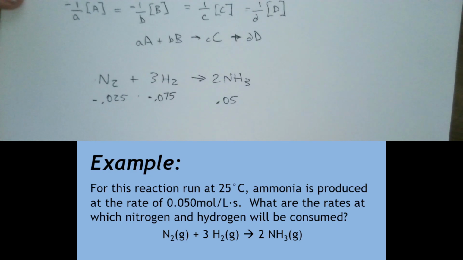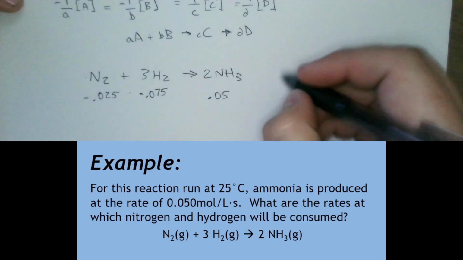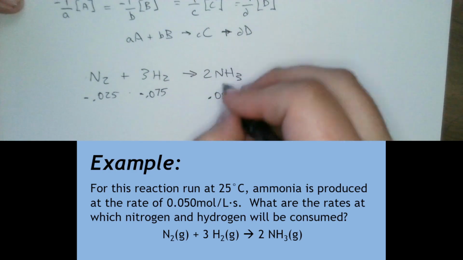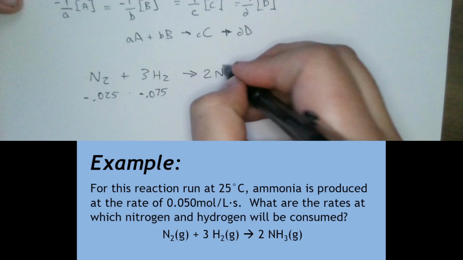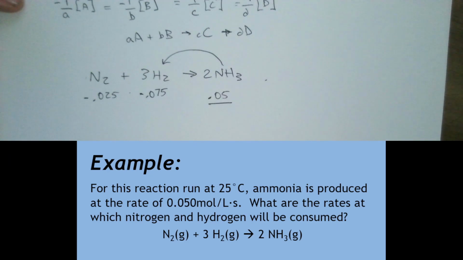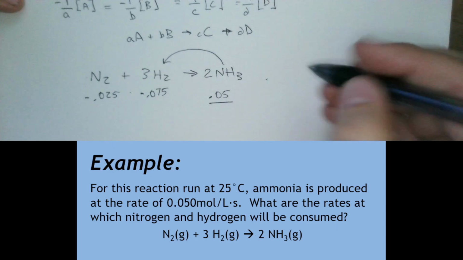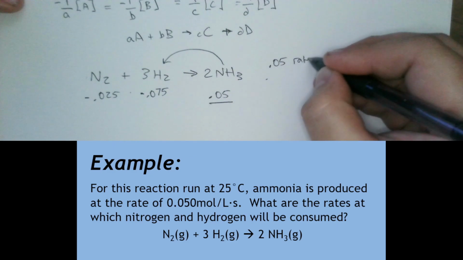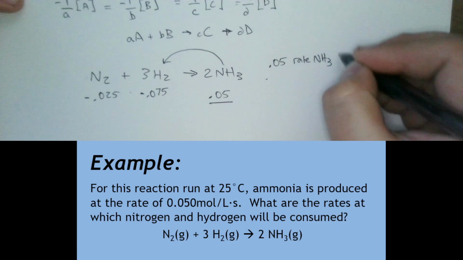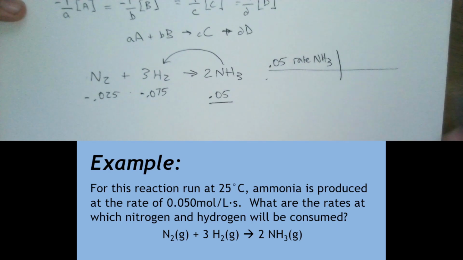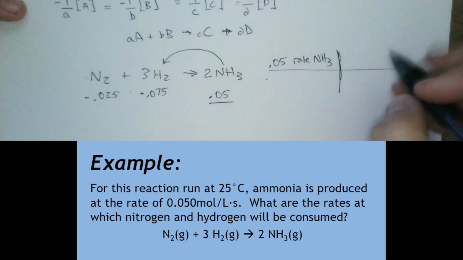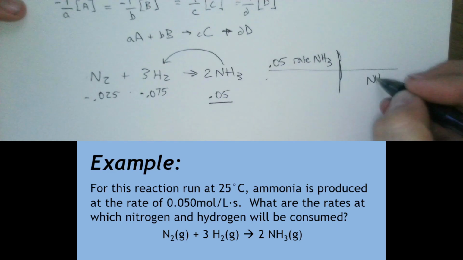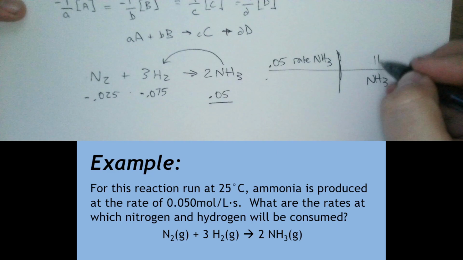I can do a unit conversion sort of thing if I want. If I have 0.05 for NH3 and I wanted to find the rate of H2 consumption, I could go 0.05 is the rate of NH3, and then just do a mole-to-mole ratio. I could do NH3 on the bottom, H2 on the top.